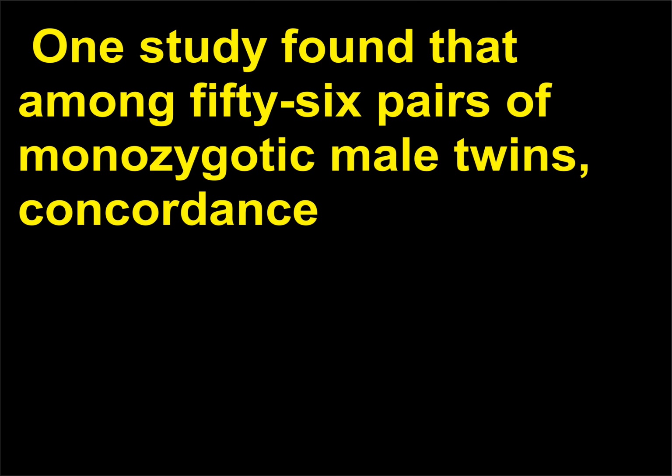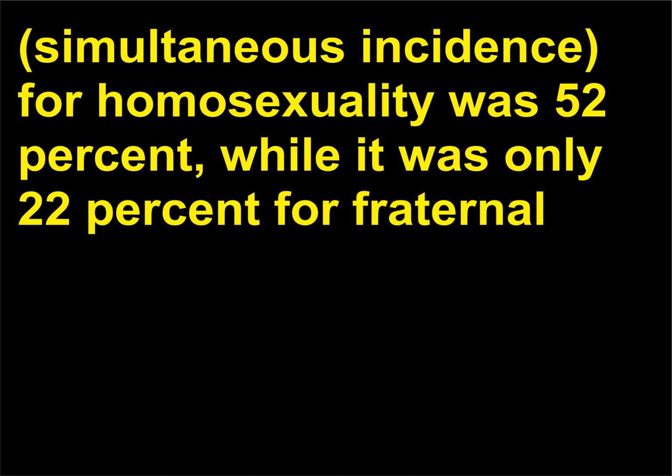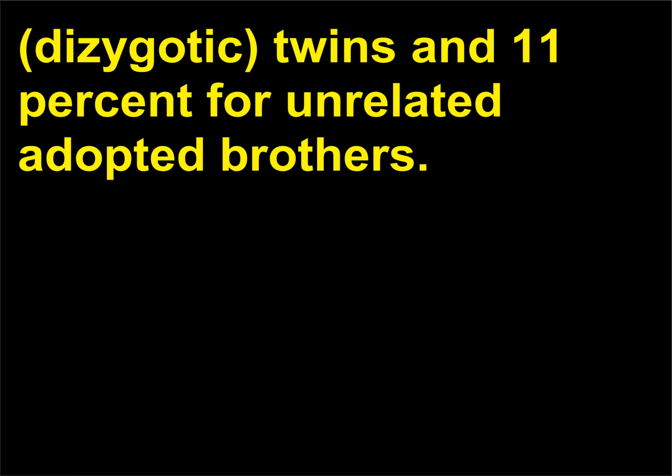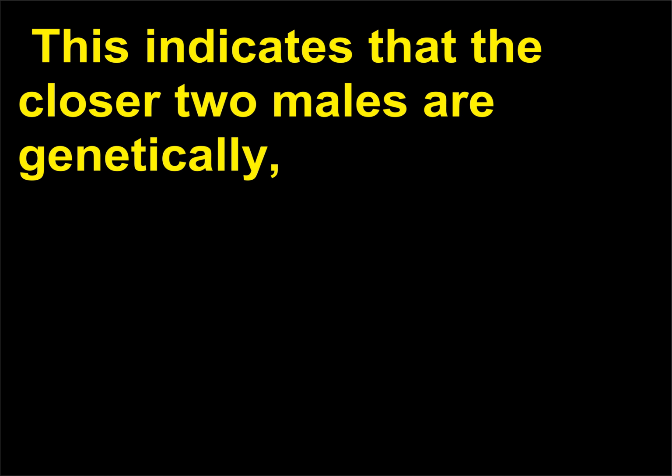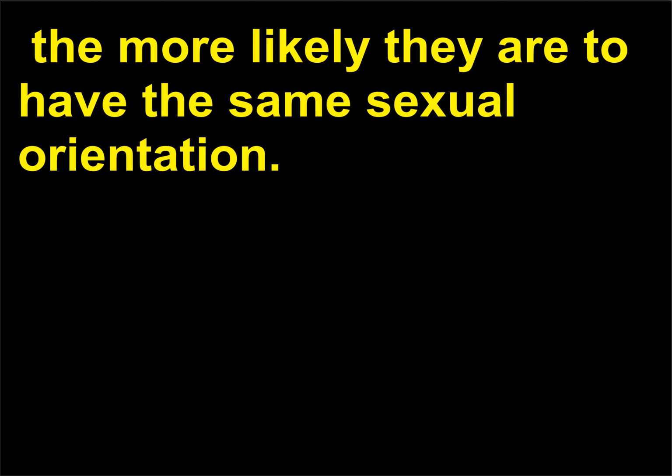One study found that among 56 pairs of monozygotic male twins, concordance, simultaneous incidence, for homosexuality was 52%, while it was only 22% for fraternal dizygotic twins and 11% for unrelated adopted brothers. This indicates that the closer two males are genetically, the more likely they are to have the same sexual orientation.